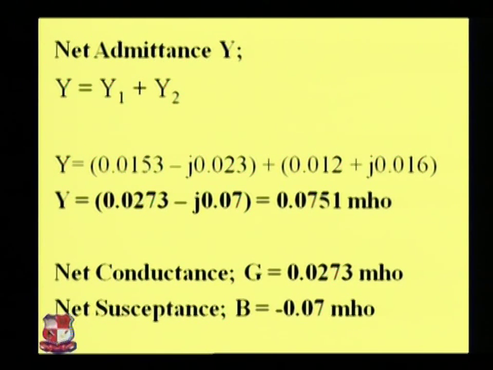Now there are two parameters, G and B. G is the net conductance and B is the net susceptance.